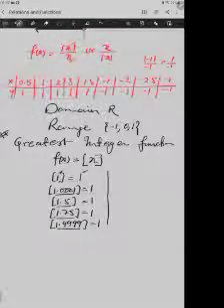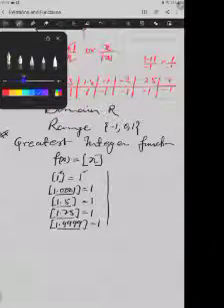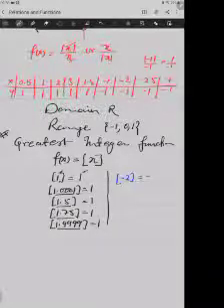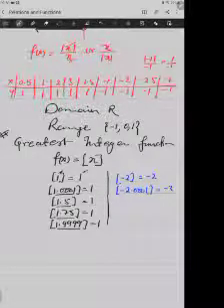One more example I'm taking. If we go for -2, then it will be -2. If we go for -2.0001, then it will be -3, the lower integral value less than this. For -2.75, then also it will be -3.